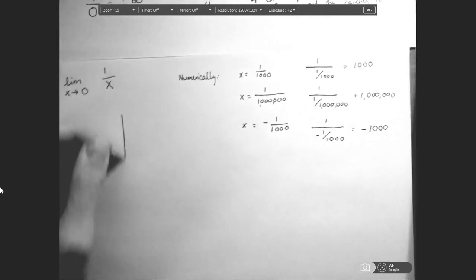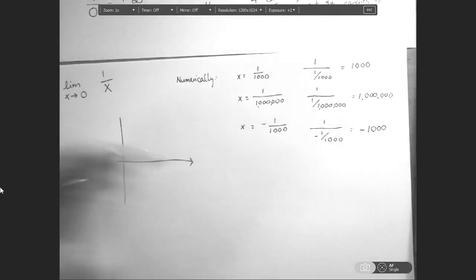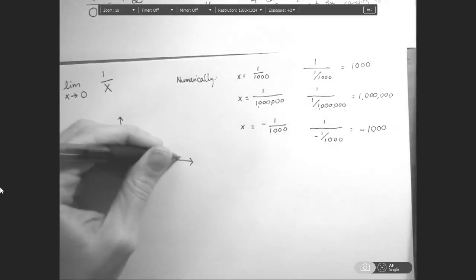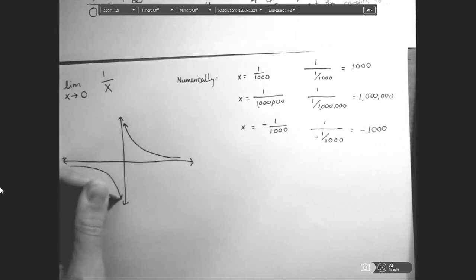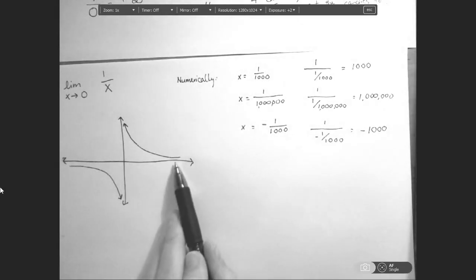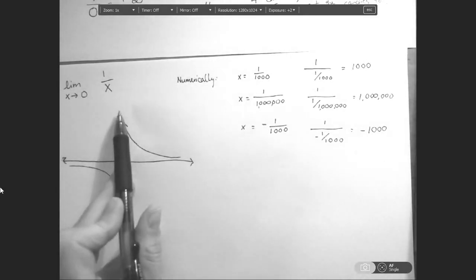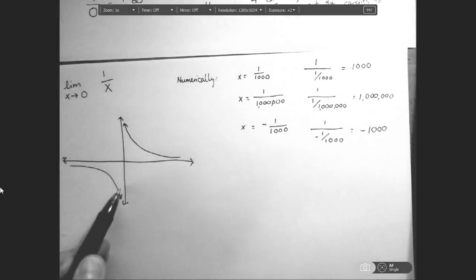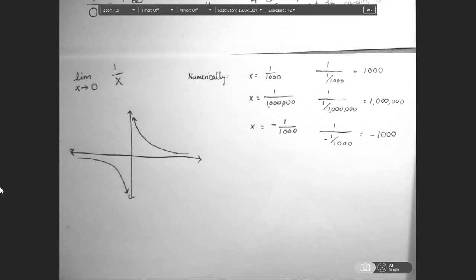And graphically, the 1 over x function is a rational function, and I have a vertical asymptote right at x equals 0. The function looks something like this and something like this. So as I approach 0 from the right-hand side, my values are getting bigger and bigger and bigger, and as I approach 0 from the left-hand side, my values are getting more and more and more negative. So that's just a brief theoretical overview of some indeterminate forms.